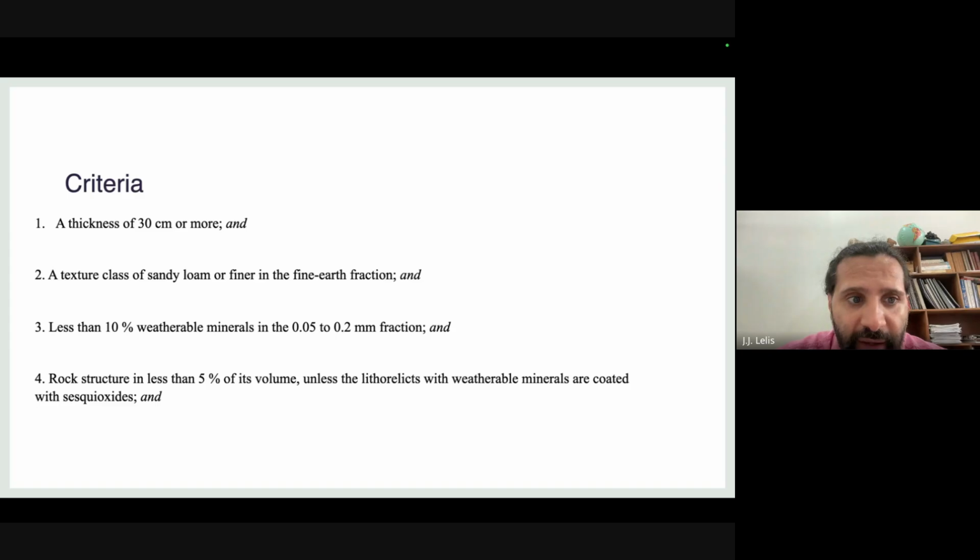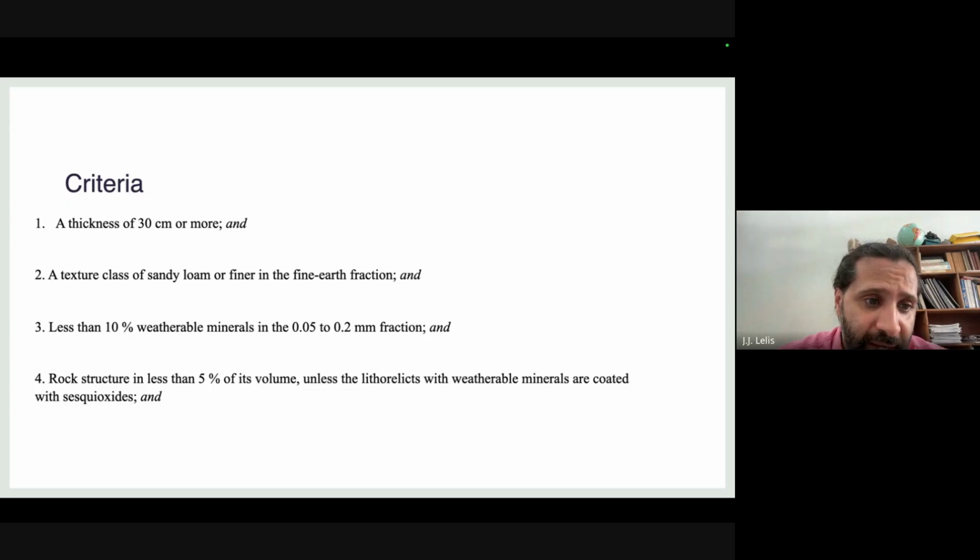And we are saying that just because, as I said, oxic horizons usually have a very large thickness. Okay, so at least 30 centimeters. And when I'm talking about 30 centimeters, I'm talking just about the oxic horizon, okay, not about the soil. So only that specific horizon should register 30 centimeters or more.